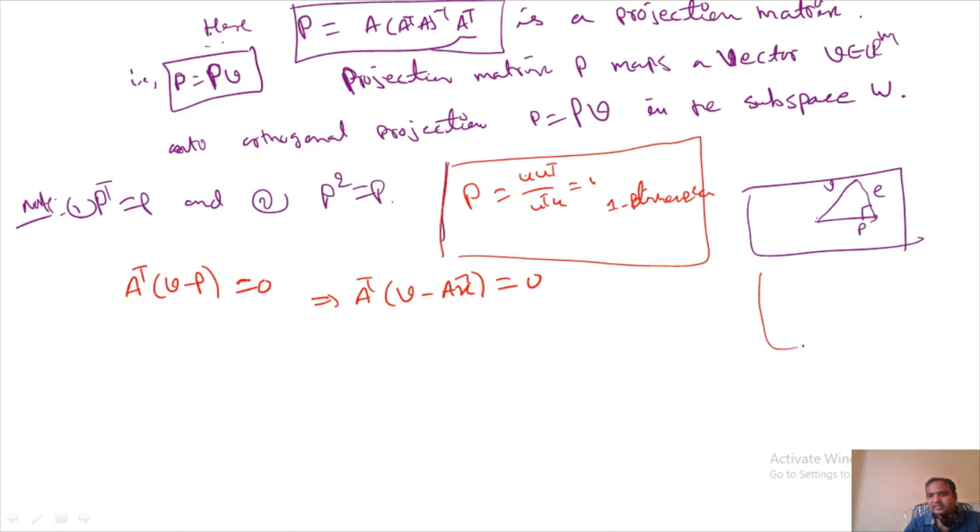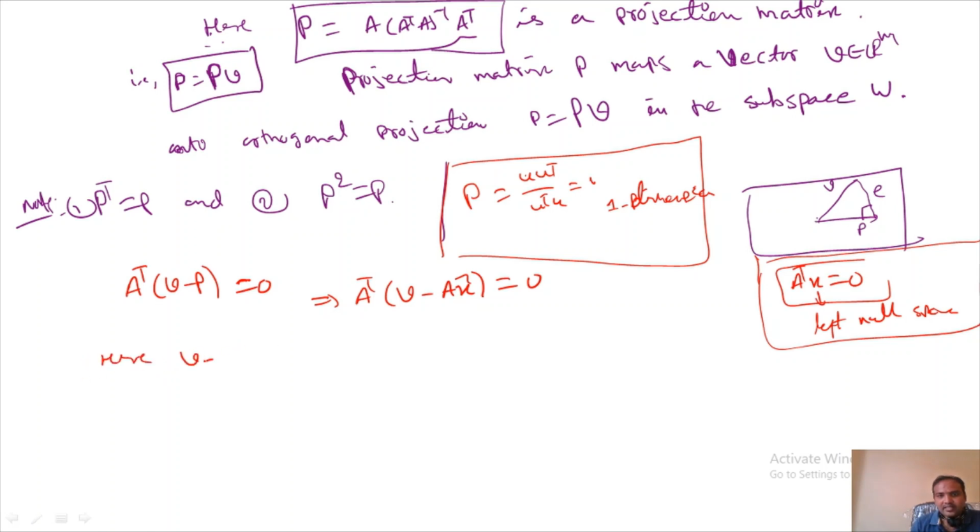Already we discussed the four fundamental subspaces. When A transpose X equal to 0, what does A transpose X equal to 0 mean? The solution set is the left null space. Now here that means V minus A X hat lies in the left null space.